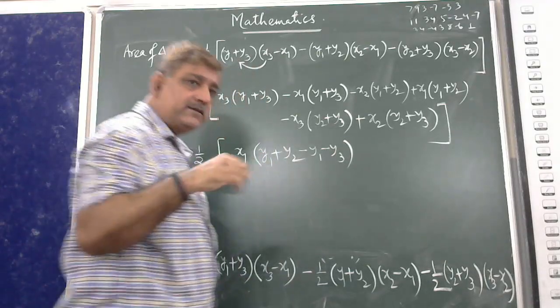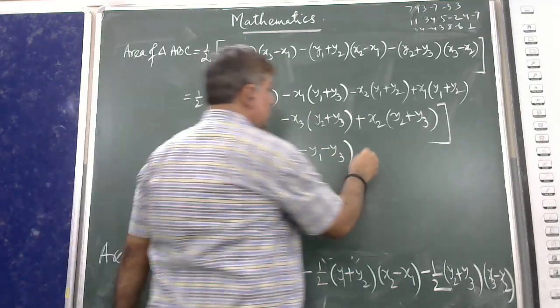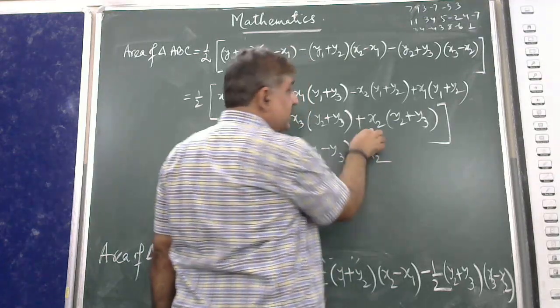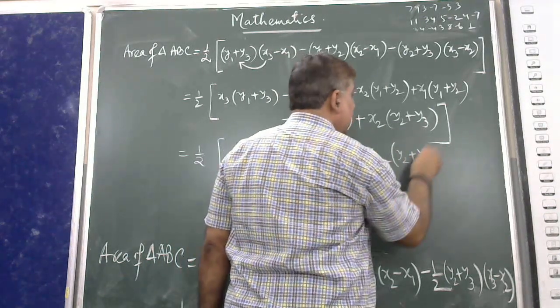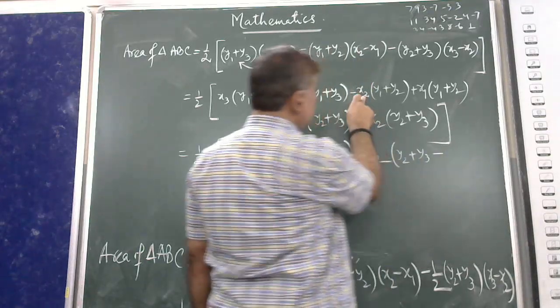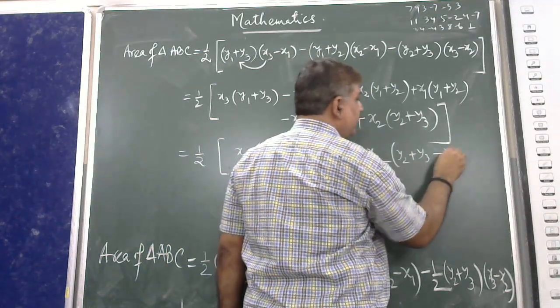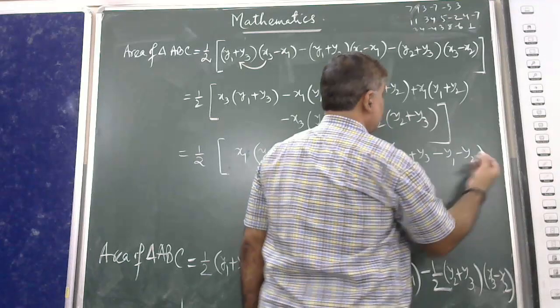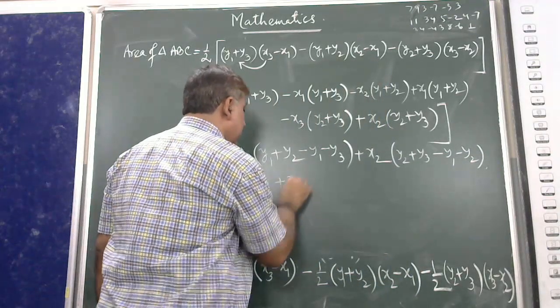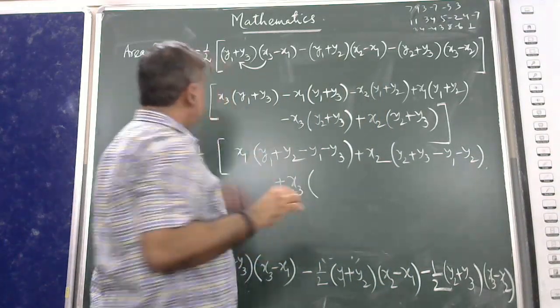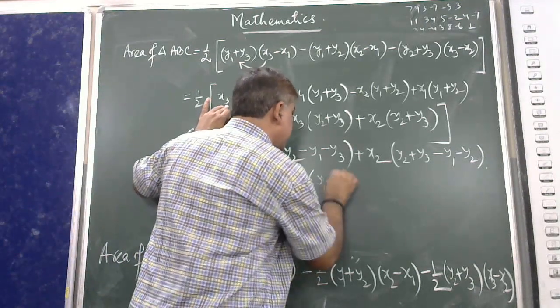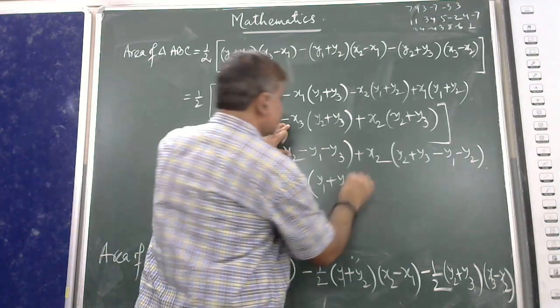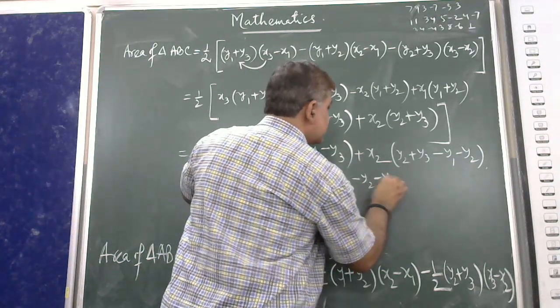Then plus x2. Here we write in the bracket y2 plus y3, minus, again this one is minus, so minus y1 minus y2. Then plus x3. This one is positive, so you should write y1 plus y3 in the bracket, minus y2 minus y3.